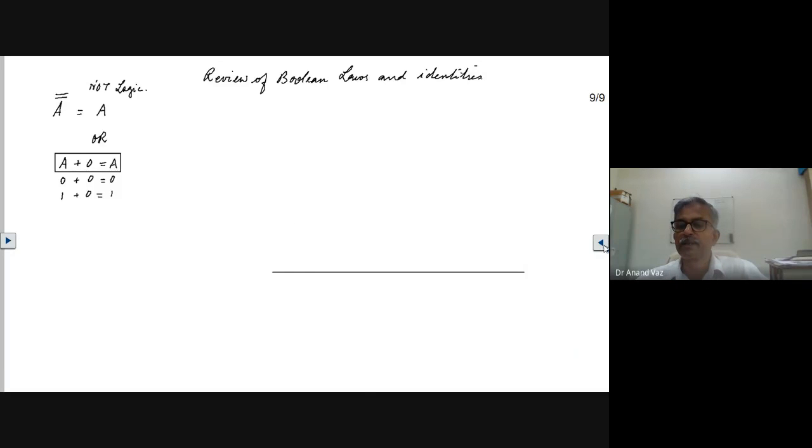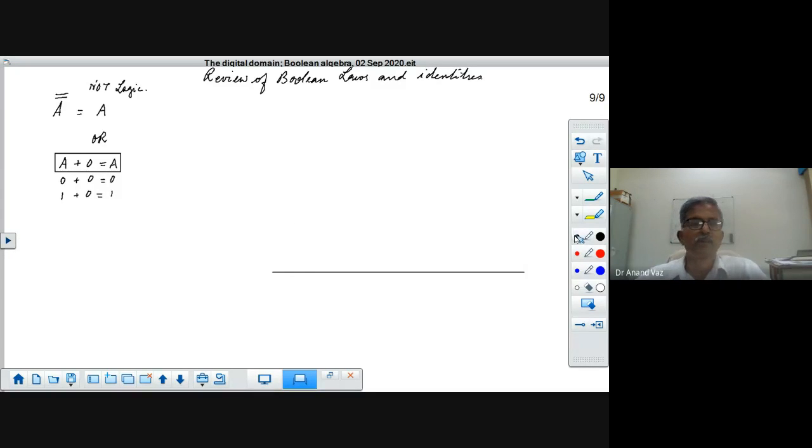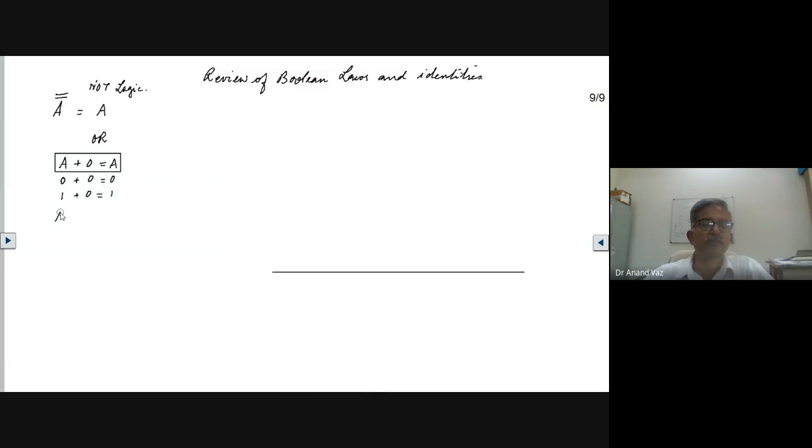Likewise, you can take A or 1. If you take the value of A as 0, you or it with 1, the output is 1.